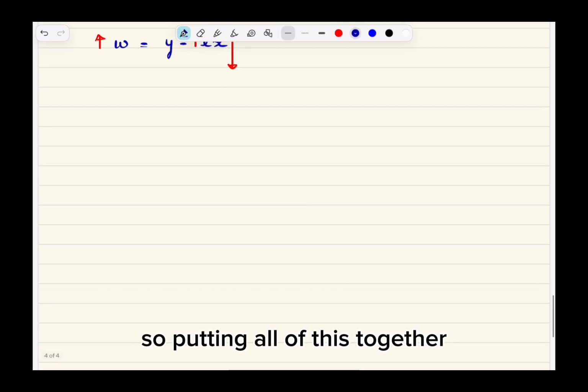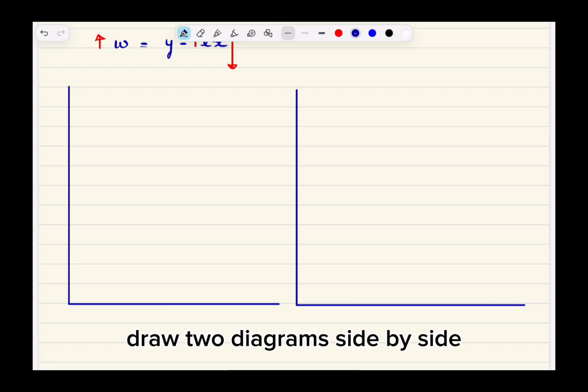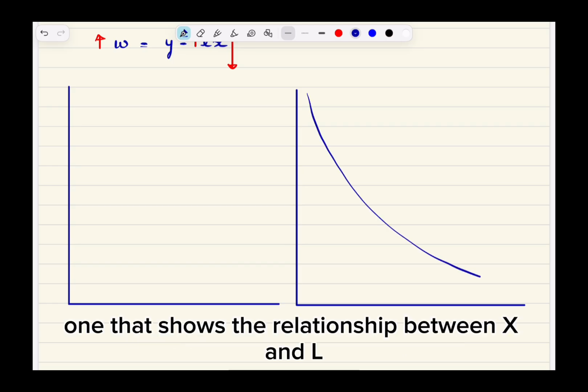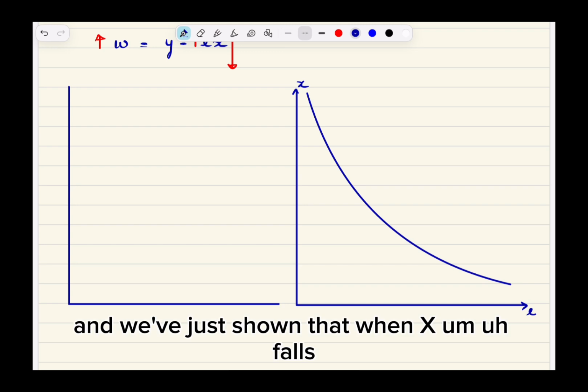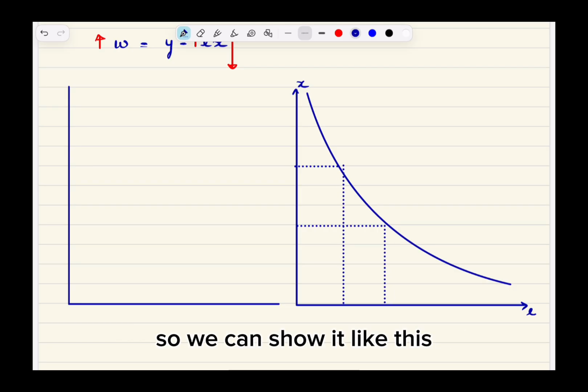So, putting all of this together, we can draw two diagrams side by side. One that shows the relationship between X and L, and we've just shown that X actually falls due to a rise in L. So we can show it like this.